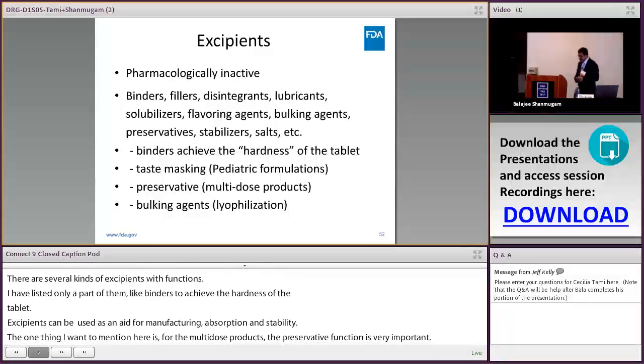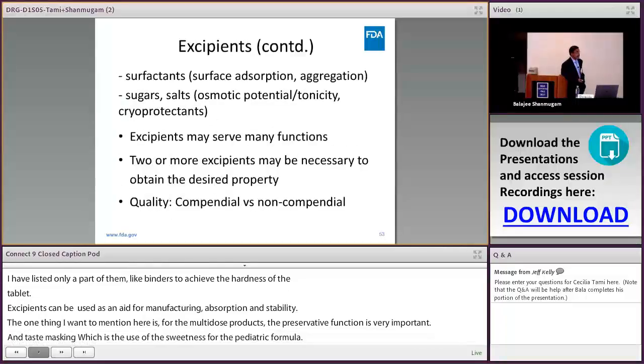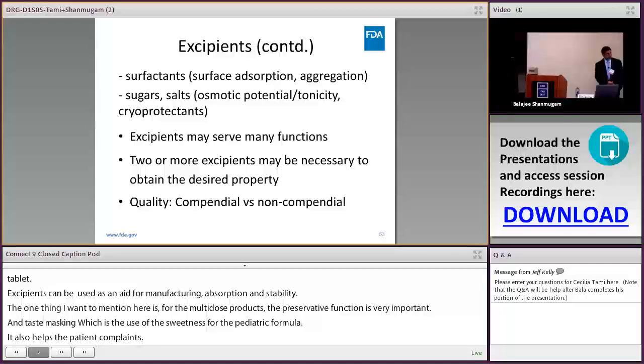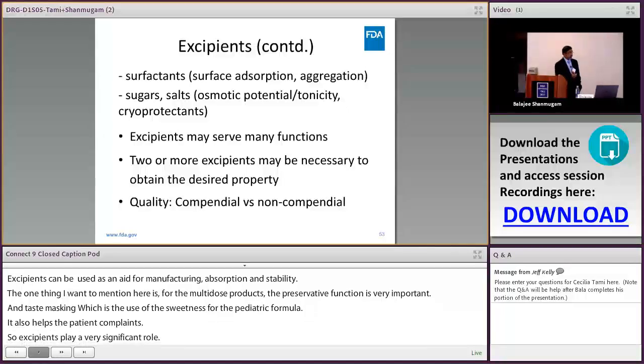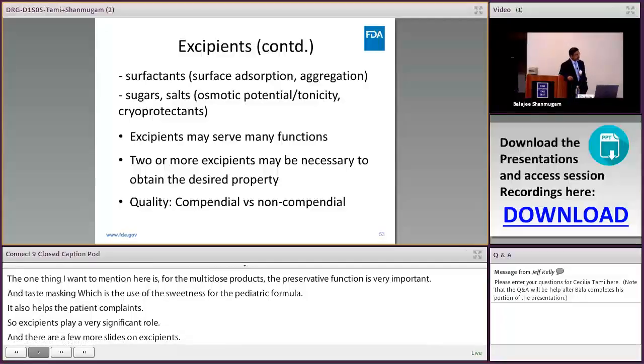So excipients do play a very significant role in the formulation. Continuing with the excipients, there are a few more slides on excipients. And from a biologic standpoint, there is protein aggregation, and that's avoided by using some of the surfactants. And then for the osmotic potential and tonicity, even for the parenterals, you use the salts and then sugars.